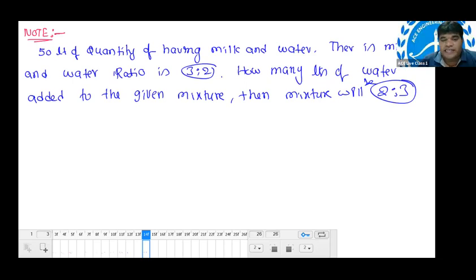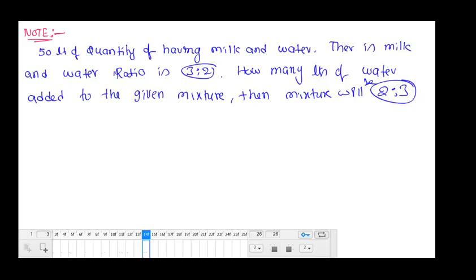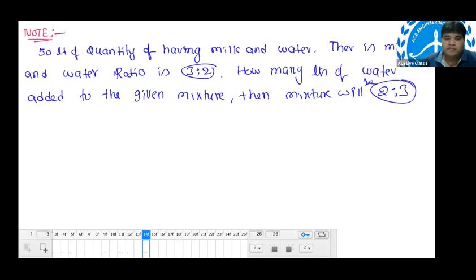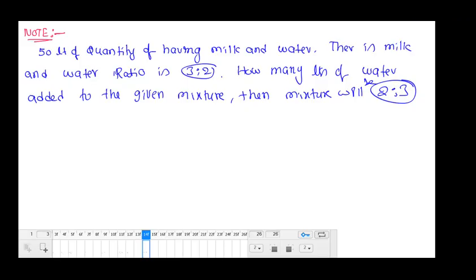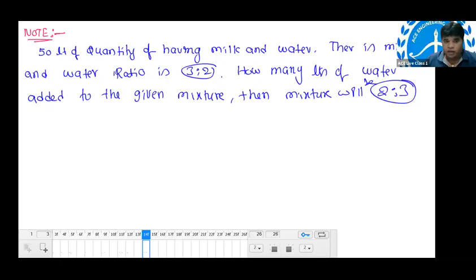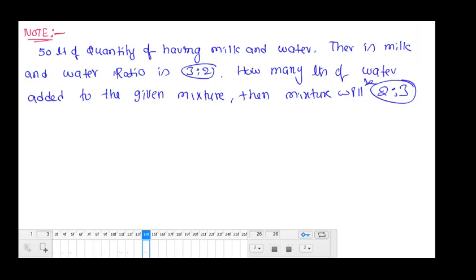Everybody, first of all, are you getting the question, Pawan? Question అర్థమైందా? Yes, sir. Yes, sir. Advance. చెప్పు, క్వశ్చన్ ఏమైంది? అర్థమైంది. 50 liters of quantity of having milk and water, sir. టోటల్ 50 లీటర్స్ ఉన్నాయి. అందులో ఏంటంటే మిల్క్ అండ్ వాటర్ రేషియో వచ్చేసి 3:2 ఉంది. బట్ కొంచెం వాటర్ యాడ్ చేశాక ఆ రేషియో అనేది 2:3 అయింది. ఎంత వాటర్ యాడ్ చేస్తే ఆ రేషియో 2:3 మారిగా 2:3 అయిందో చెప్పమన్నారు సార్.